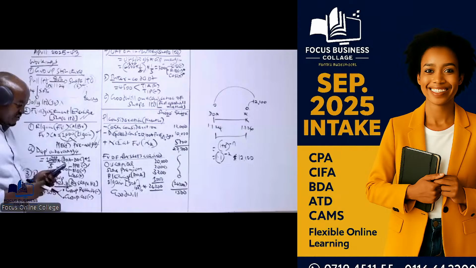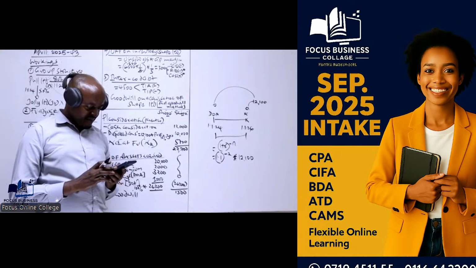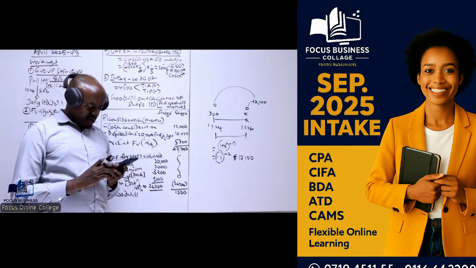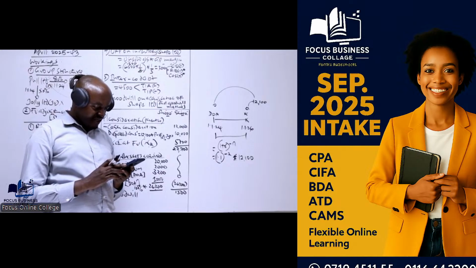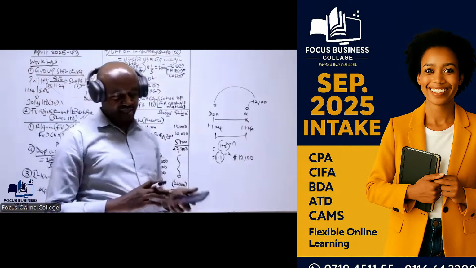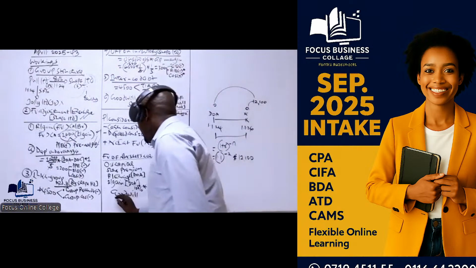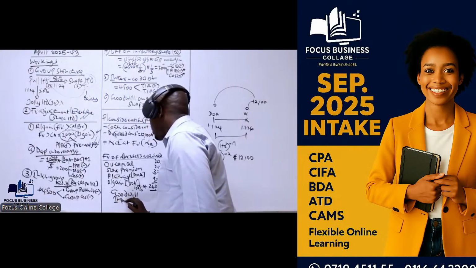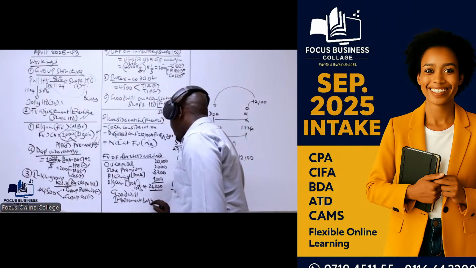It was impaired as per note number 4. We are told in note number 4, the impairment review performed on 31st of December 2024 revealed that the goodwill arising from acquisition of SHAPE Limited had been impaired by 10%. So this goodwill was impaired by 10%. Remember, goodwill being impaired basically means that the goodwill has lost value.